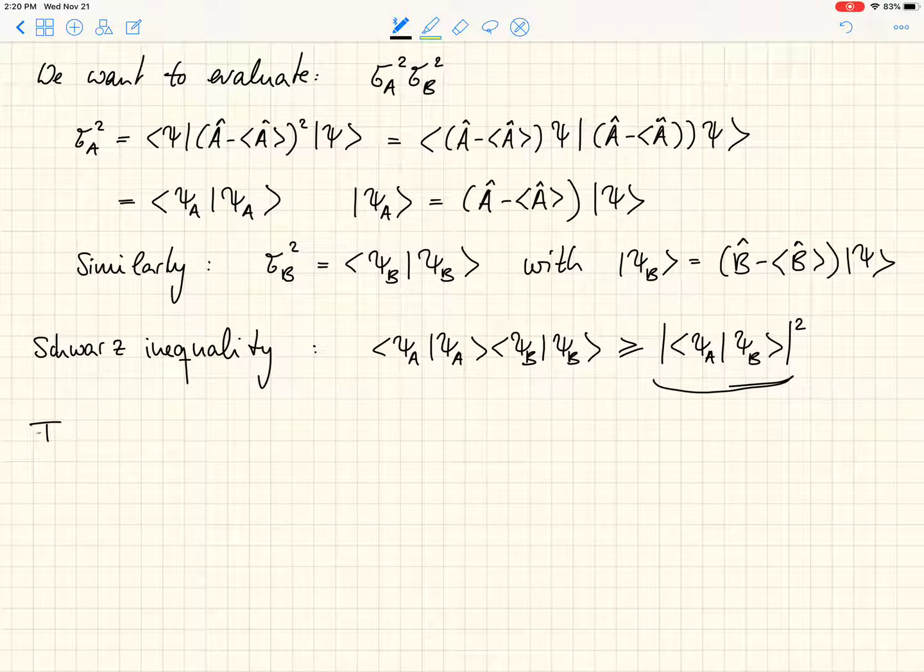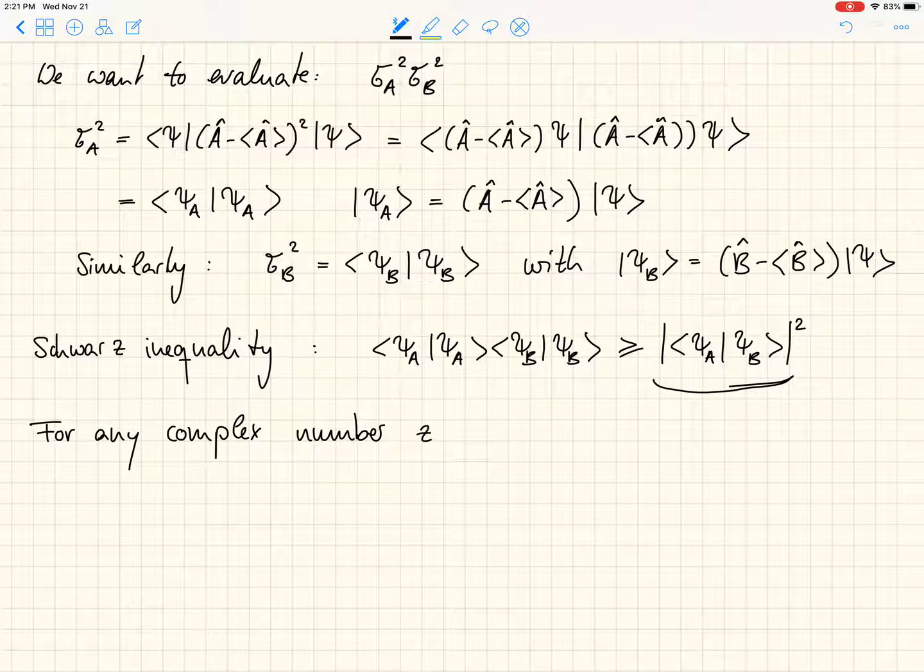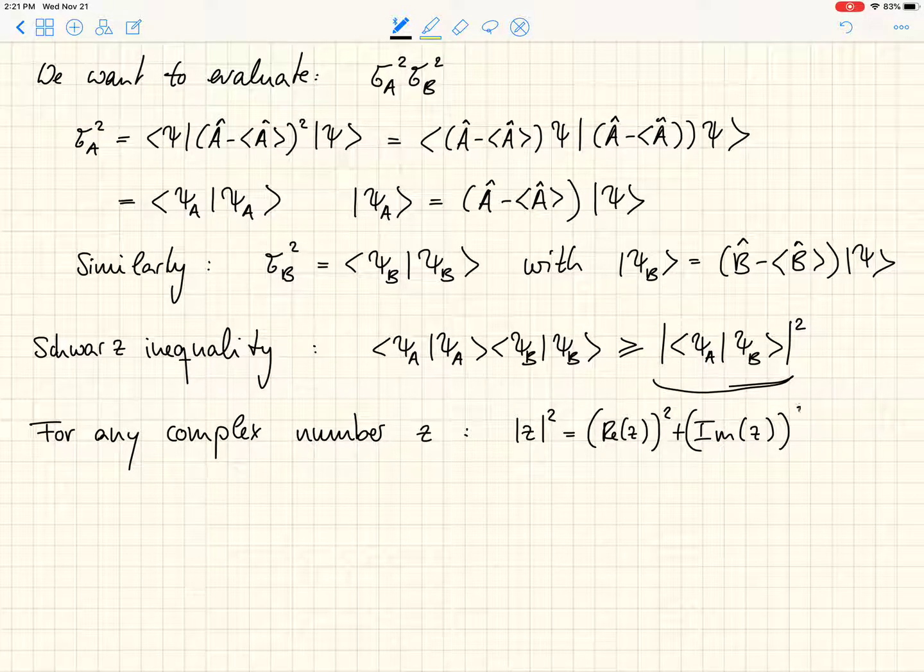For that, we use that for any complex number z, we can observe that its absolute value squared is equal to the real part of z squared plus the imaginary part of z squared.